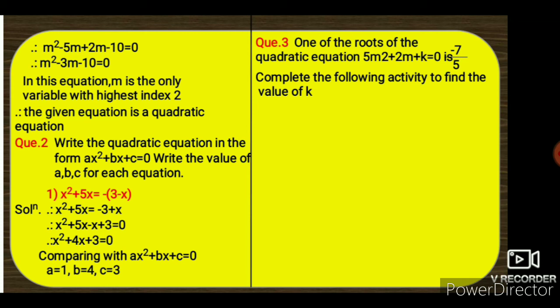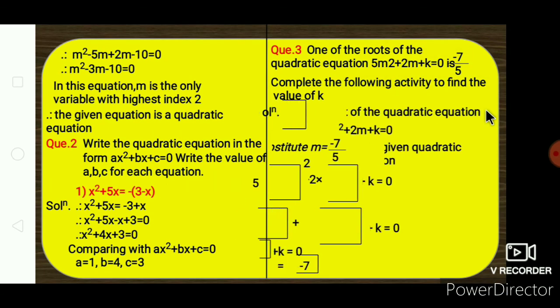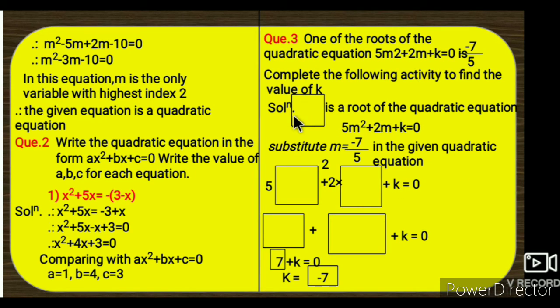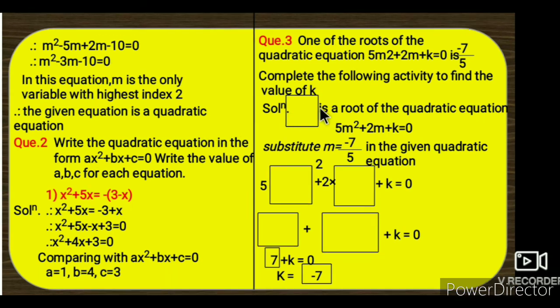Complete the activity. First, in the box: which one is the root of the quadratic equation? It is −7/5. Therefore −7/5 is the root of the quadratic equation.